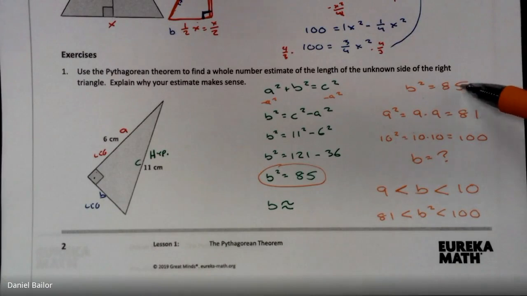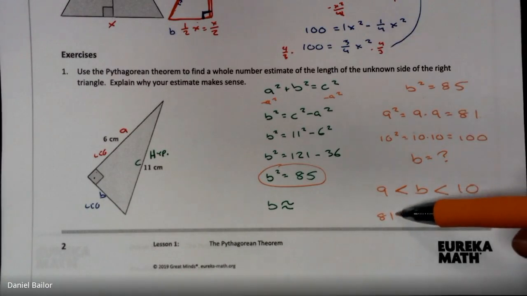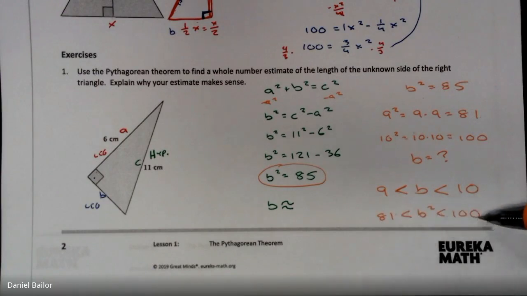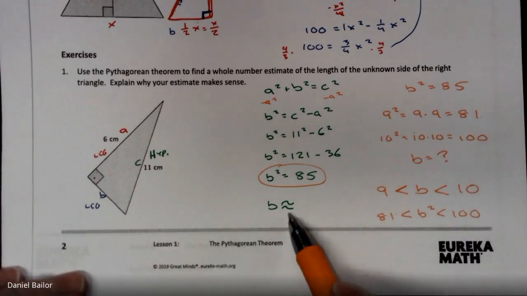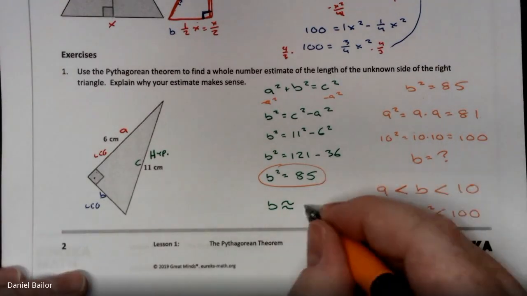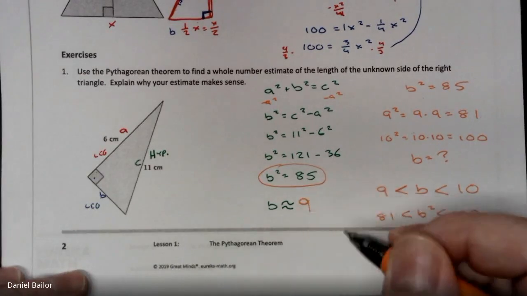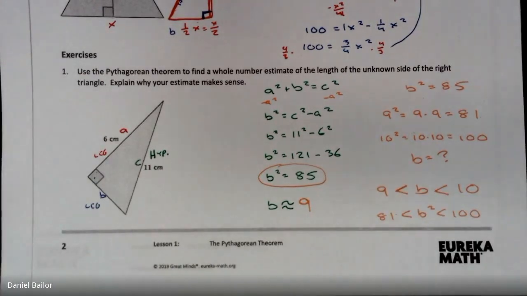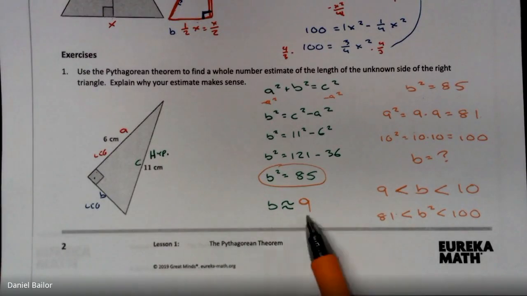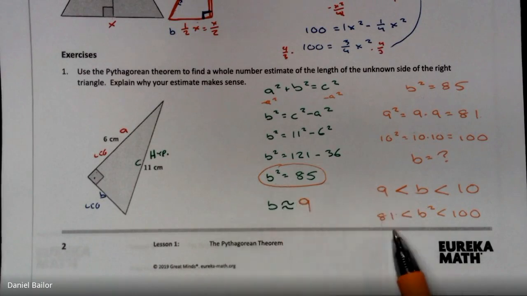Well, is 85 closer to 81 or closer to 100? 85 is close to 81. So b is going to be close to 9. You can say that. It's going to be 9 with some decimal pieces, because it's not 9, because 9 squared is 81.